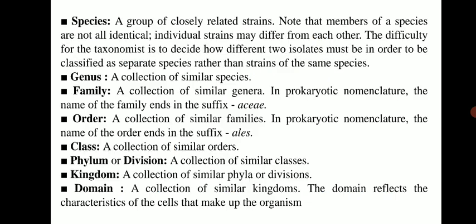So let's summarize the taxonomical hierarchies. The basic and lowest level of taxonomic category is species. In the case of microbes or bacteria, a species is a group of closely related strains. A strain is a descendant of cells that descend from a single cell, or organisms that descend from a single organism.